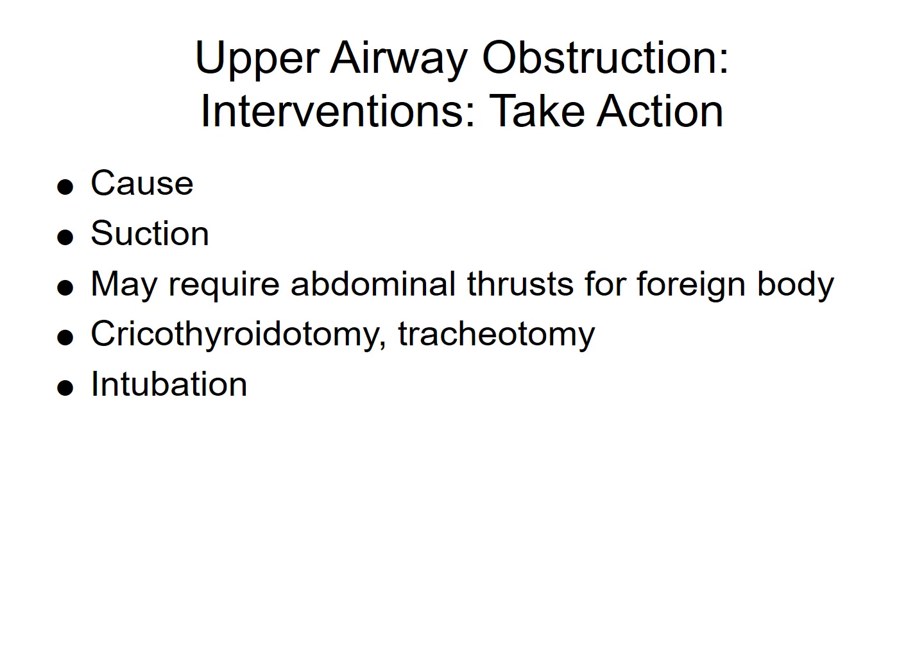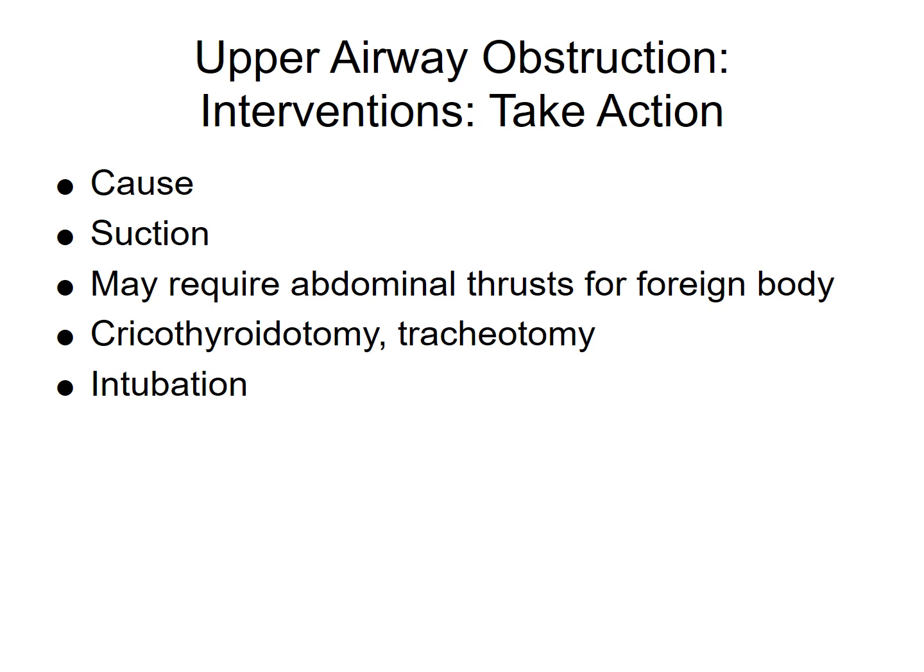Another emergency procedure for airway obstruction is a tracheotomy. This is a surgical incision into the trachea to create an airway to maintain gas exchange. We discussed in chapter 25 the tracheotomy and tracheostomy.